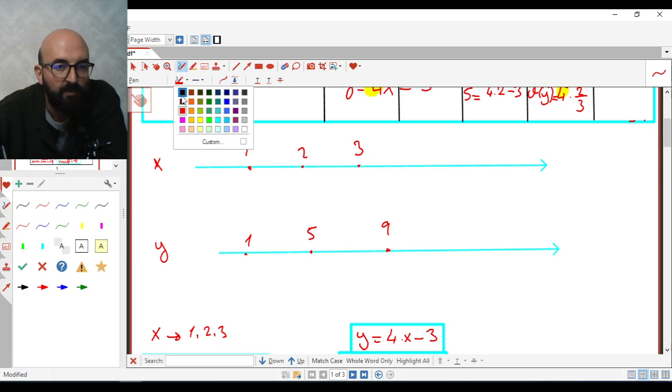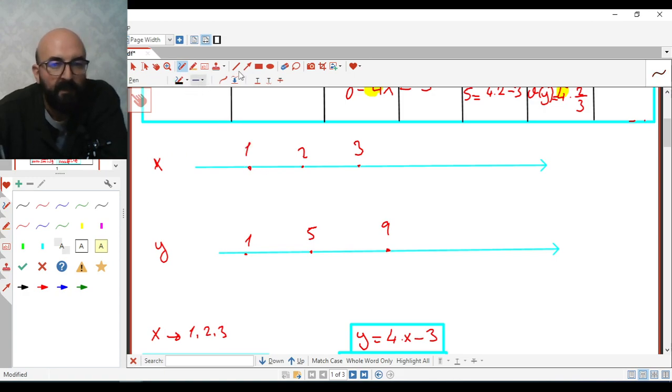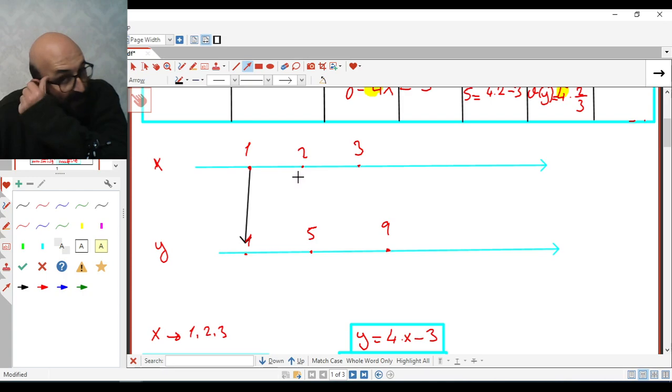And please notice that 1 for x becomes 1 for y, 2 for x becomes 5 for y, and the gap between 1 and 2 is 1.